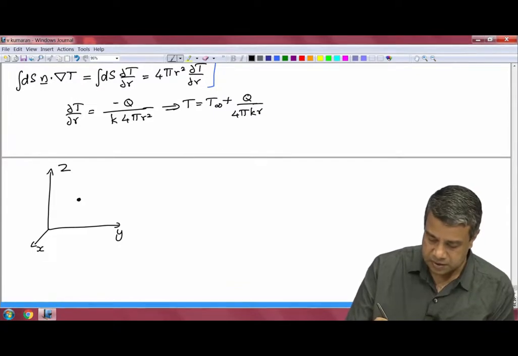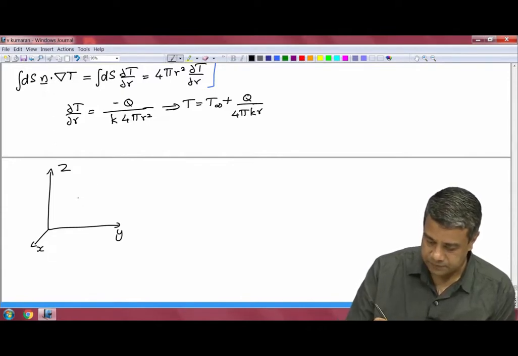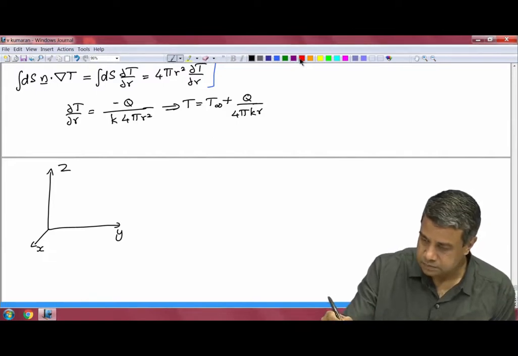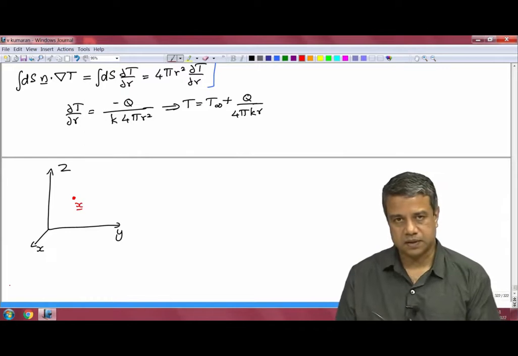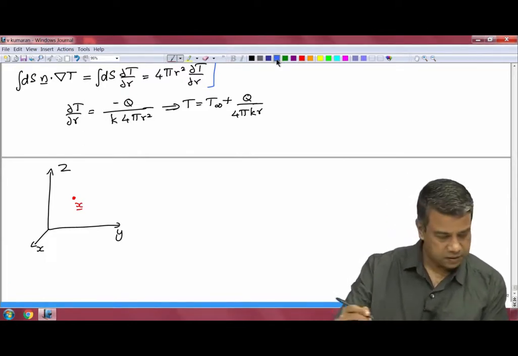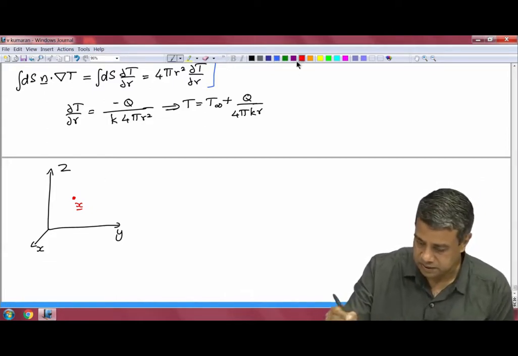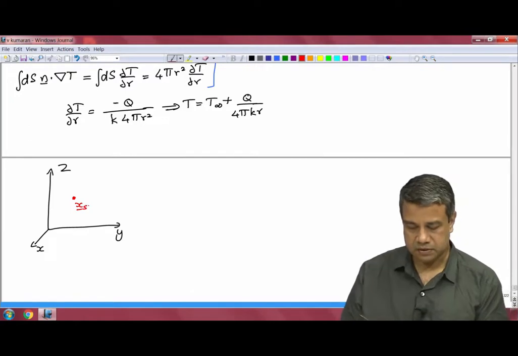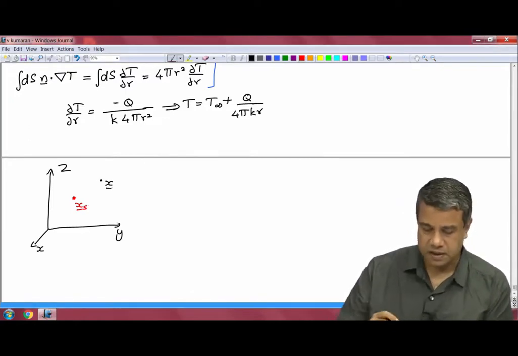So, if I had a point source that was not at the origin, but at some other location, x vector say. I will call this xs, the source location, and I wanted to find out what is the temperature at some location x.